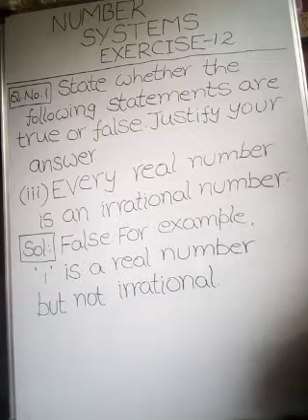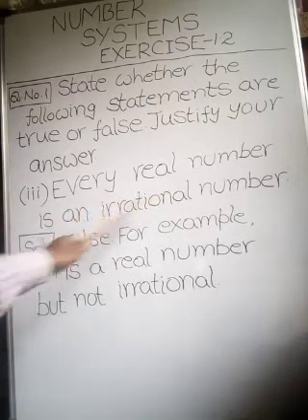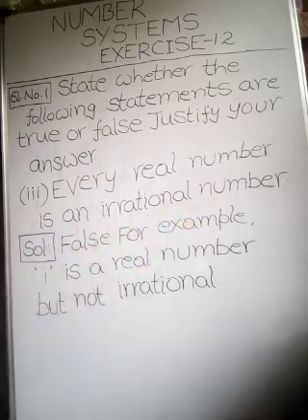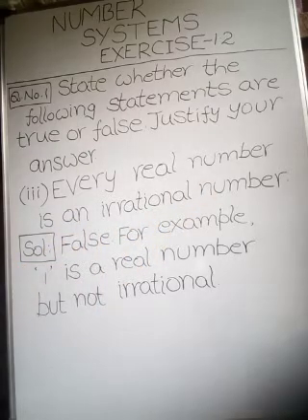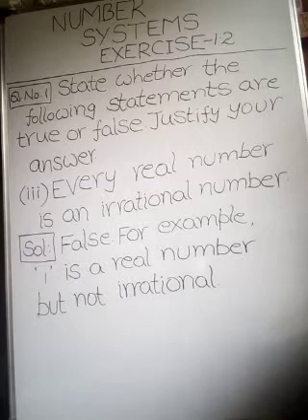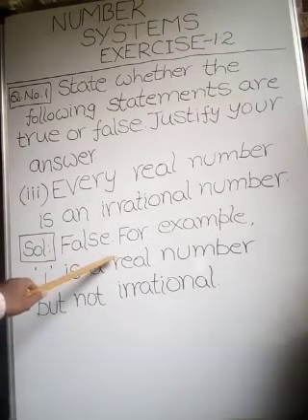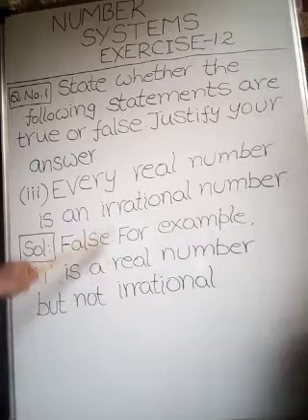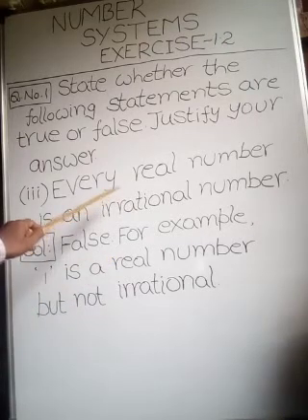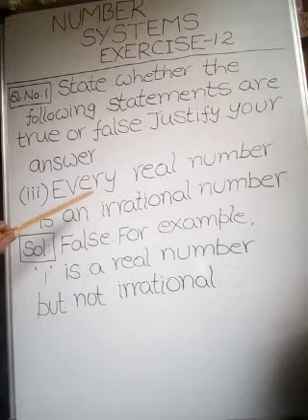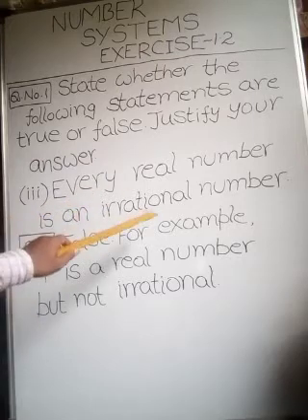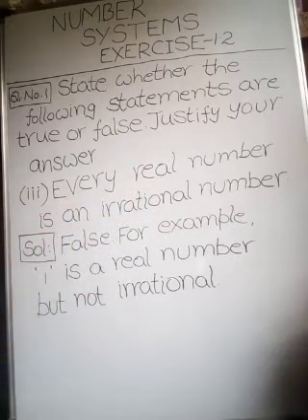Now come to the third statement. Every real number is an irrational number. This is a given statement. Is it a true statement? No, it is a false statement. It is just like the converse of the first statement. Every real number is not an irrational number, but every irrational number is a real number.